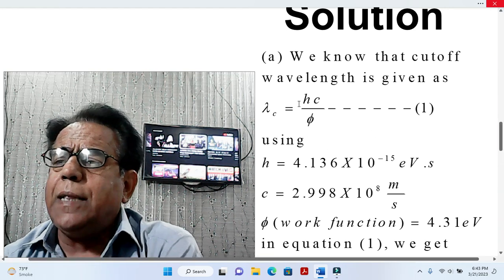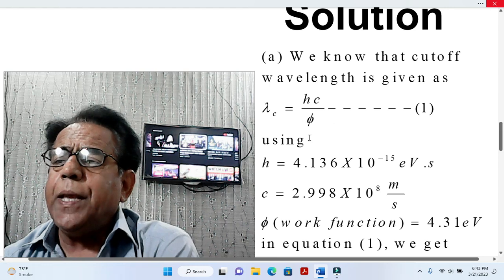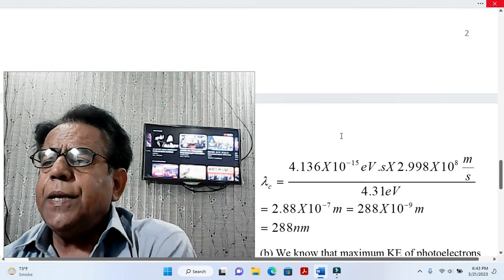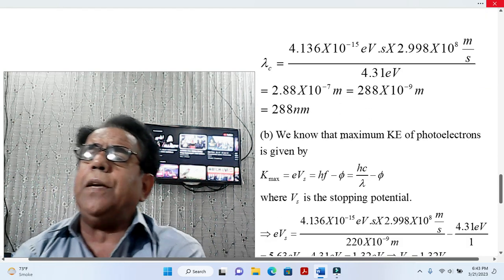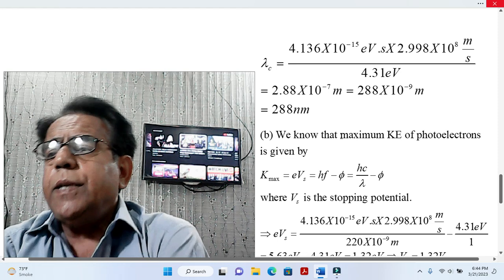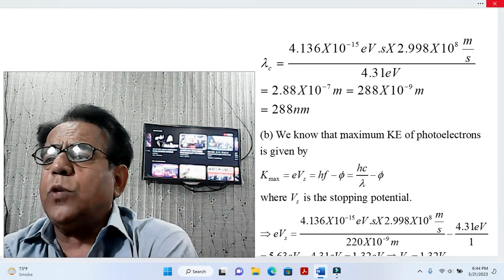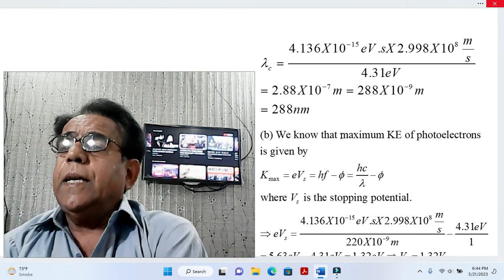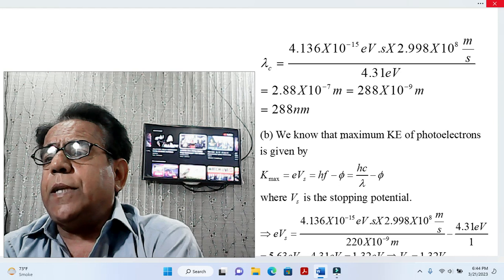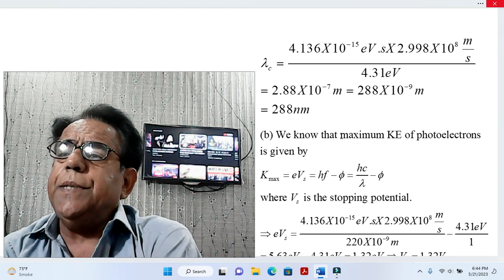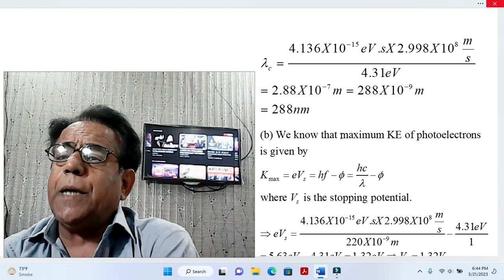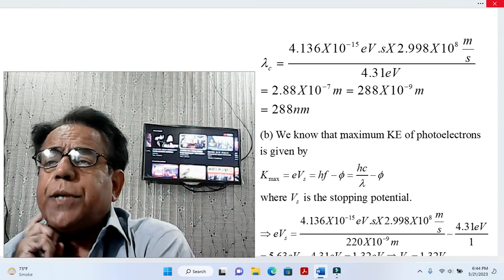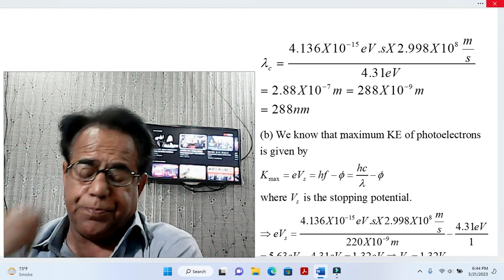When we put these three values and simplify, we get the cutoff wavelength lambda c equal to this over this. Second cancels with second, electron volt cancels with electron volt, and we are left only with meter. So the answer is cutoff wavelength lambda c equal to 2.88 times 10 to the power minus 7 meter.